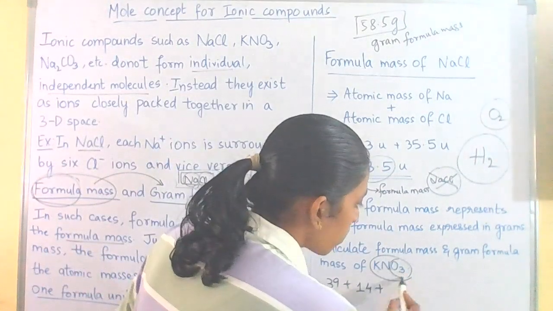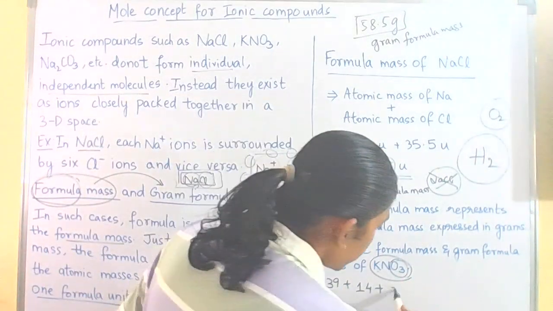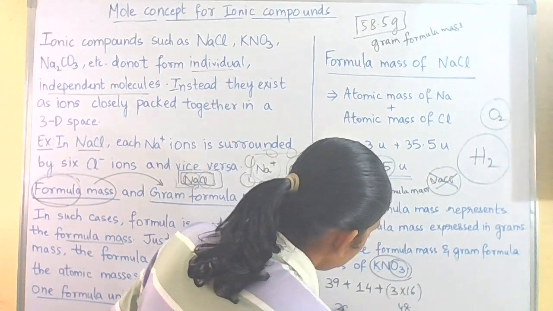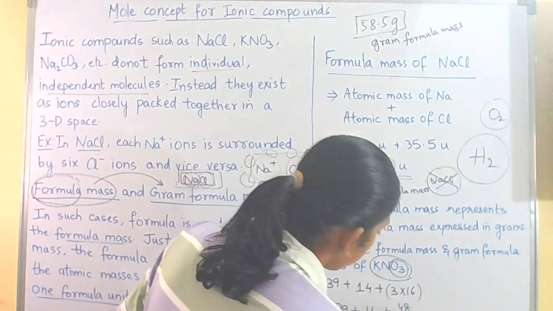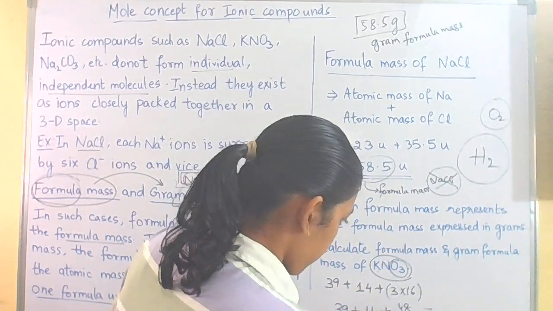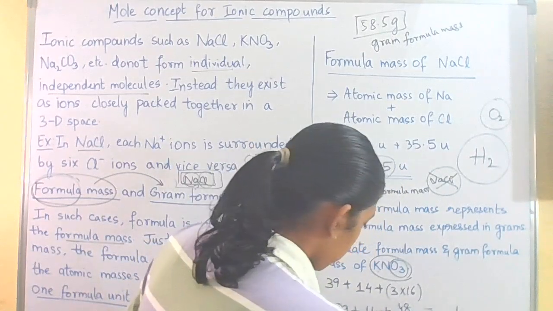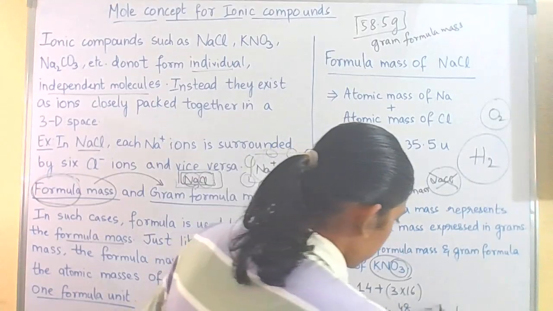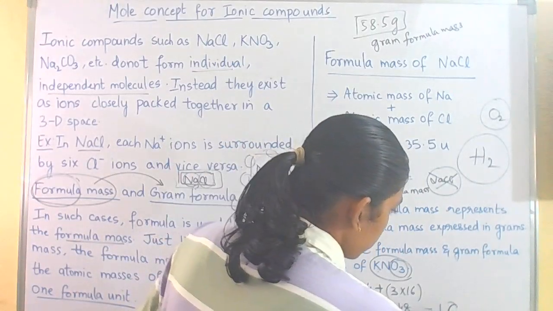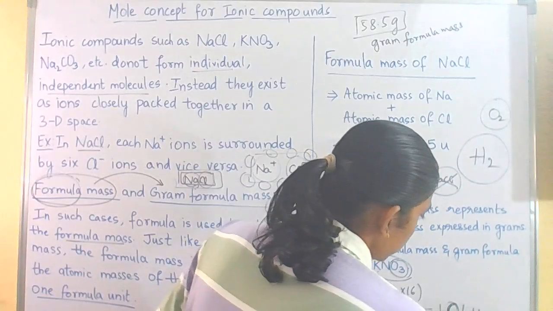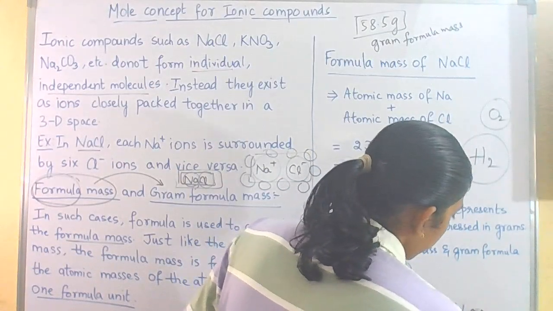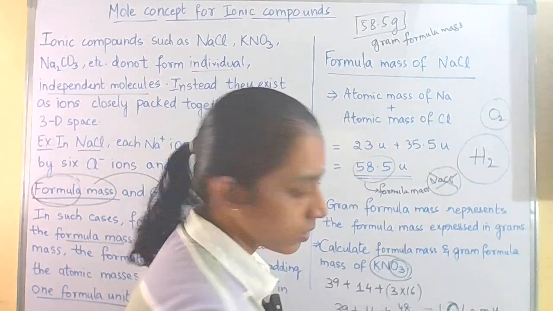We have 3 oxygen atoms here. So 3 into 16, which is 48. So 39 plus 14 plus 48 gives 101 units, AMU, atomic mass units. 101 atomic mass units.